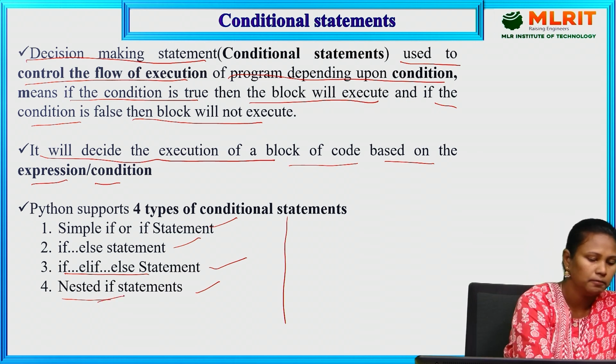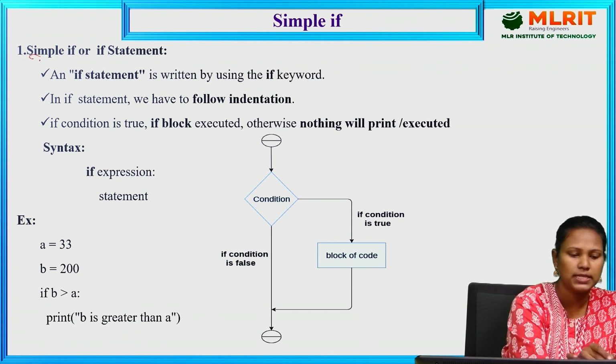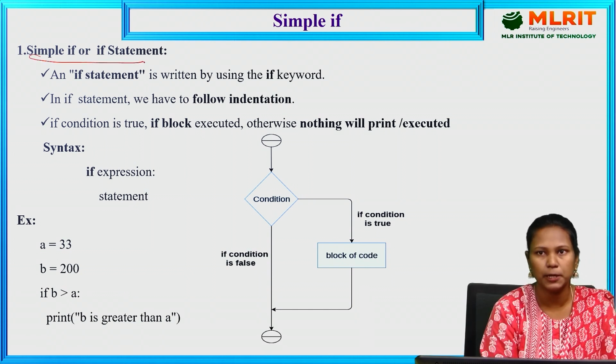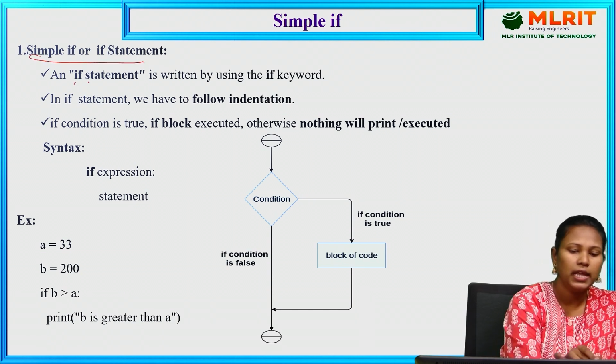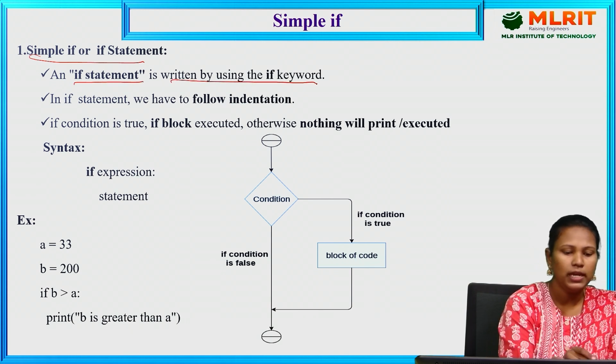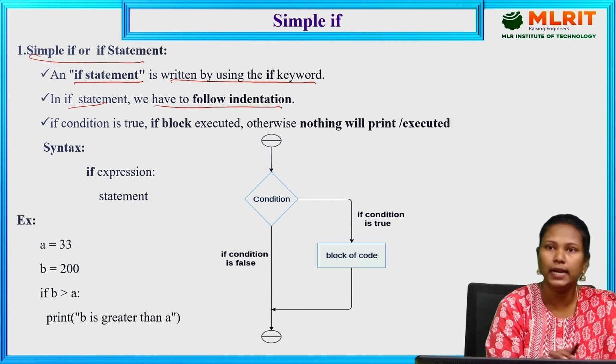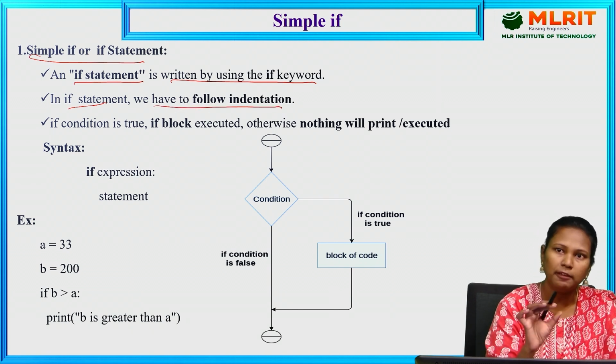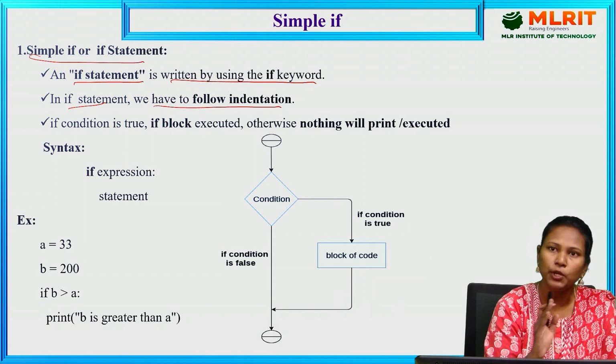We'll see them here. The first one is the simple if statement. An if statement is written by using the if keyword. In the if statement, we have to follow indentation. The if block statements need indentation.